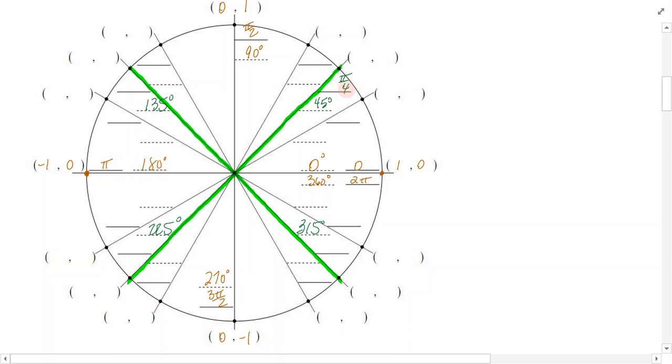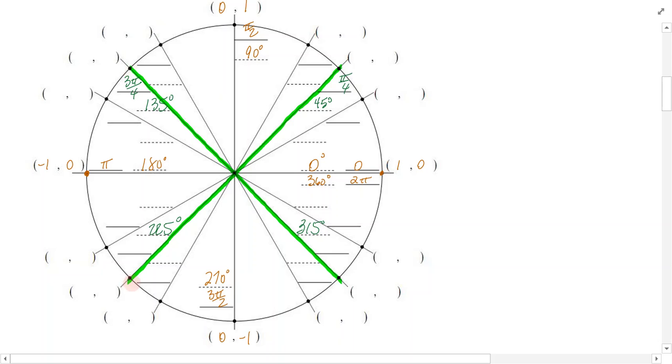So in terms of a denominator of 4, pi is equivalent to 4/4. So 1 pi is the same thing as 4 pi over 4. So if I go all the way around to 4/4 and I back up 1/4, that leaves me at 3 pi over 4. Okay, so I'm letting the denominator make it easier for me to do a little mental math. So if I rotate to pi or 4/4, I back up 1/4, that gives me 3/4.